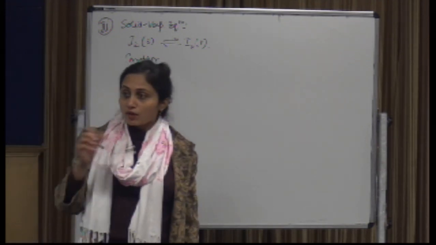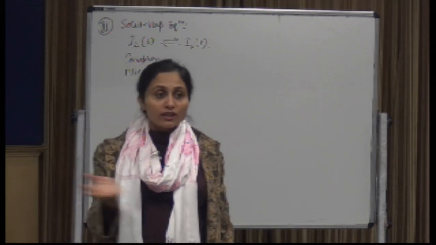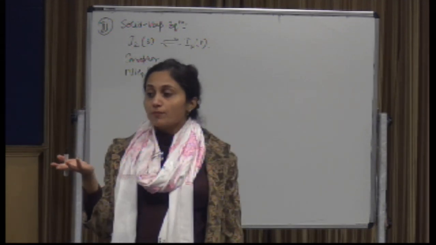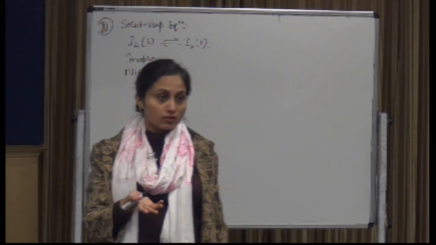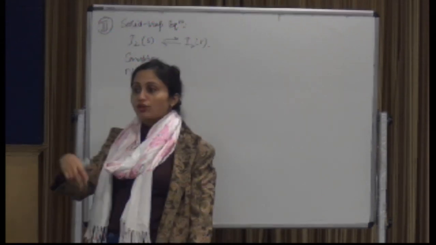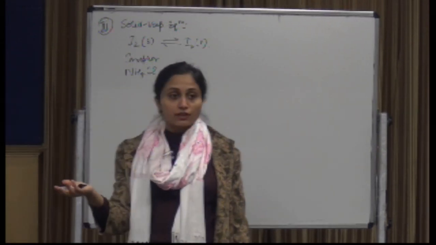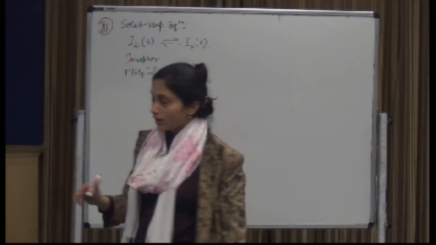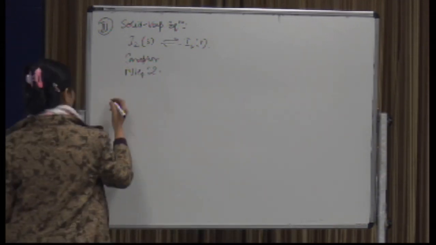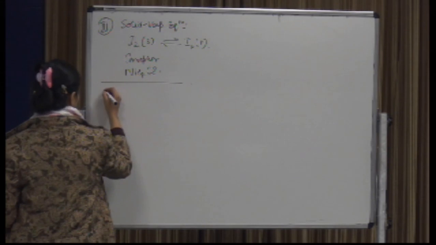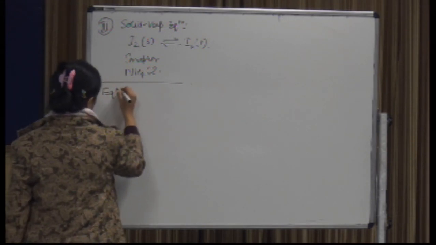Like for the case of water and water vapor, we can talk about pressure measurements. When the pressure is no longer changing any further, you say that the equilibrium is attained.